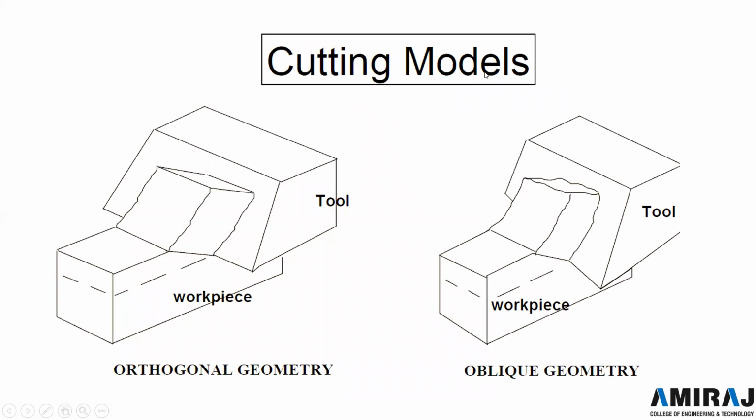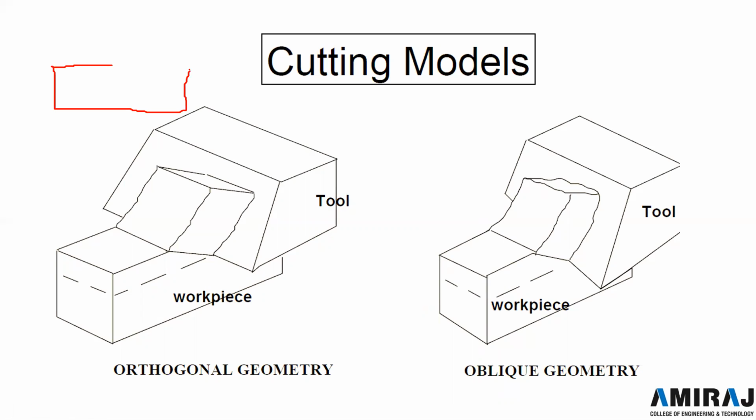Now there are two models for cutting the workpiece. The first one is orthogonal, which means the tool is perpendicular to the cutting. I can explain with one figure. Suppose this is the workpiece.